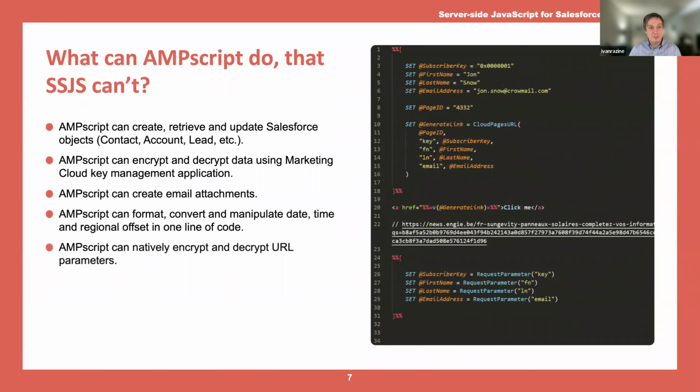Next, Ampscript can natively encrypt and decrypt URL parameters. Okay, so let me give you some explanation about that one. What Ampscript can do is use a function that is normally dedicated to cloud pages to encrypt, with some unknown algorithm, different parameters that you want to pass in the URL.